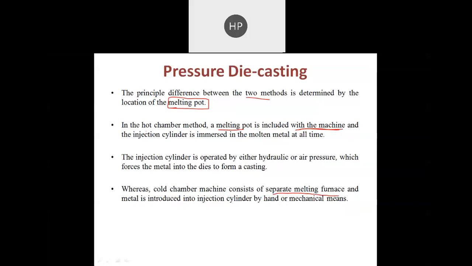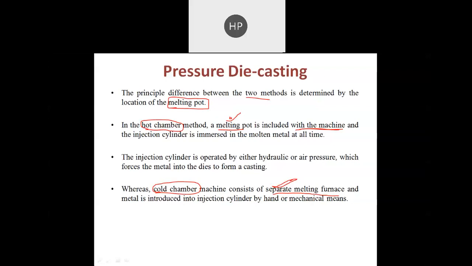In hot chamber die casting the melting pot is within the machine, while in cold chamber die casting the melting pot is separated from the machine, and that is the main difference.